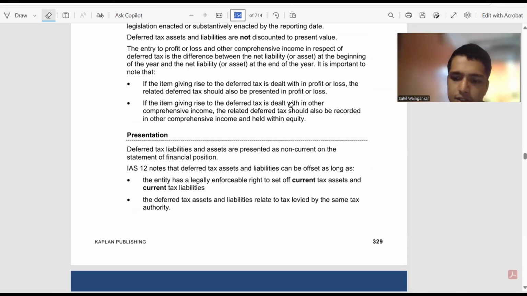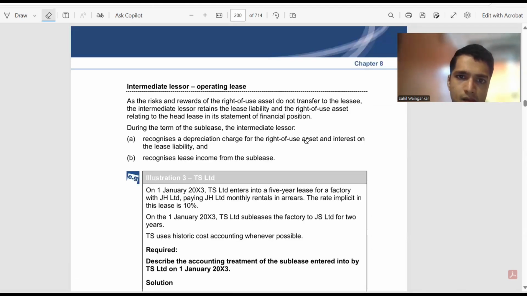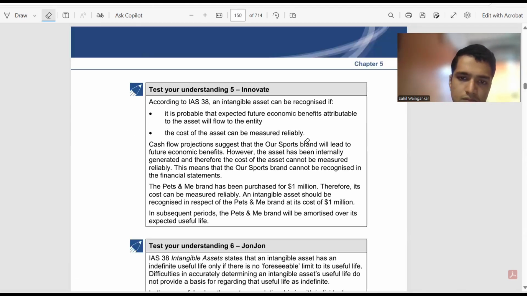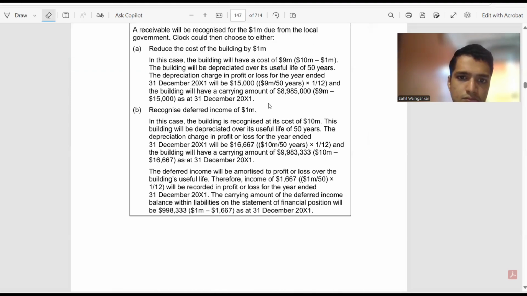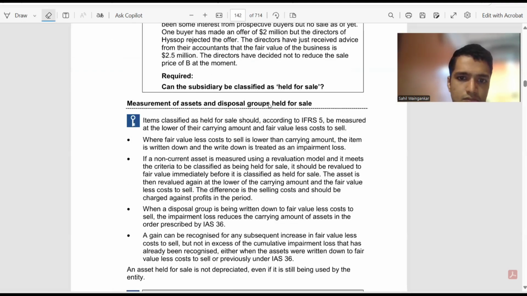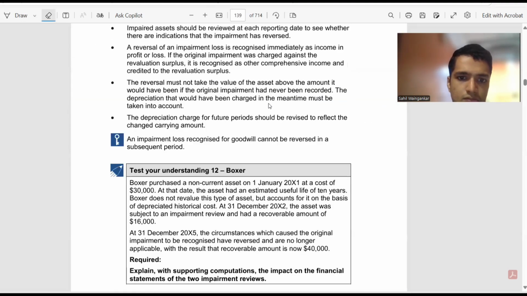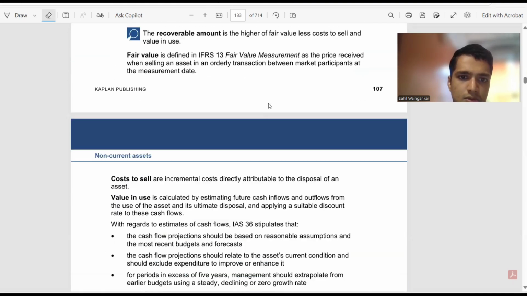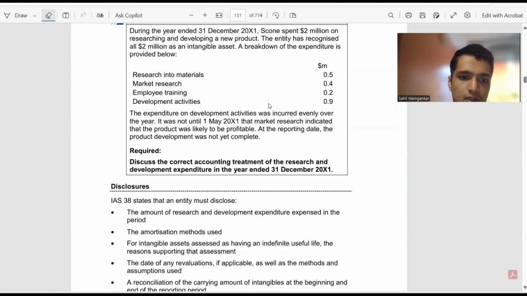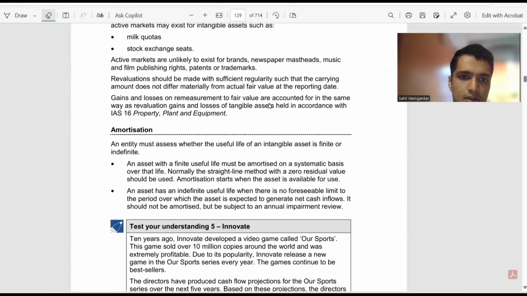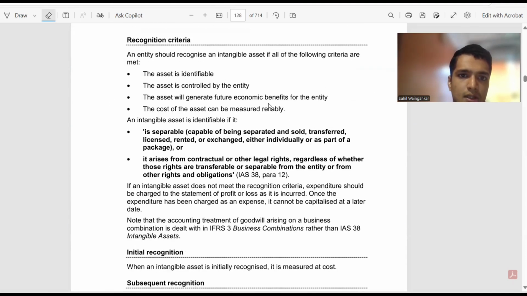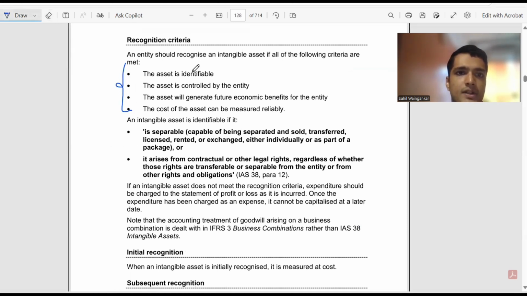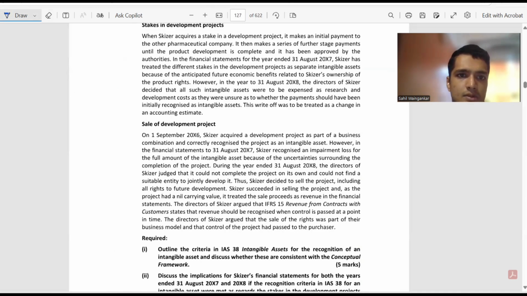Here they are: identifiable, controlled by the entity, will generate economic benefits, and the cost of the asset can be measured reliably.